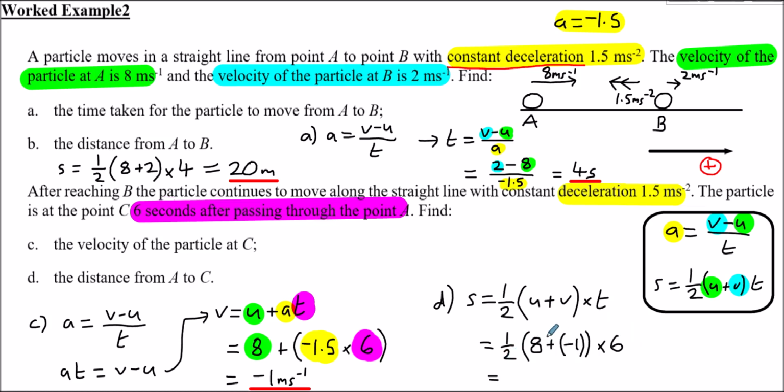In the brackets, we're going to have 7. So 3 multiplied by 7 is 21 meters. A slightly harder example, I'm sure you'll agree, but not so bad as long as you take care and picture what's happening and label diagrams and information of the question carefully and accurately.